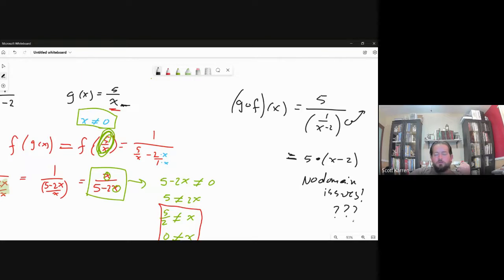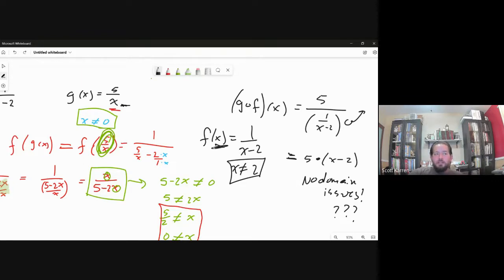Or are there, right? Because again, if I take f of x, which was 1 over x minus 2, it carried with it a domain issue from the start that x couldn't be 2. So if I try to evaluate this at 2, right, I can. 2 minus 2 is 0, so this becomes 0 by all appearances of the composition function.